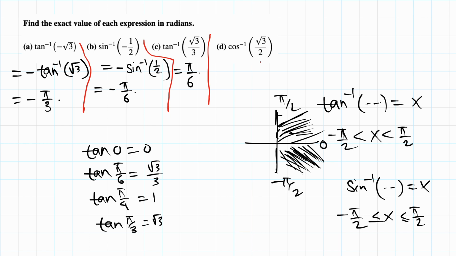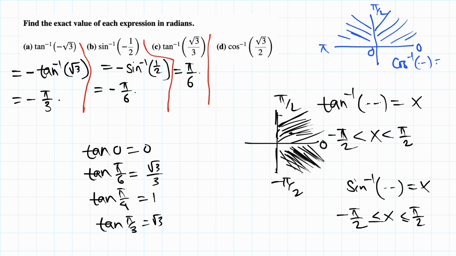Cosine inverse of root 3 over 2. Okay, it's positive, so the answer is in the first quadrant, but cosine works in a slightly different way. So this is up to 90 for positive, and the values are here, here and here, first and second quadrant, by the way. Cosine inverse of something will be some value. That value must be in between 0 and pi.